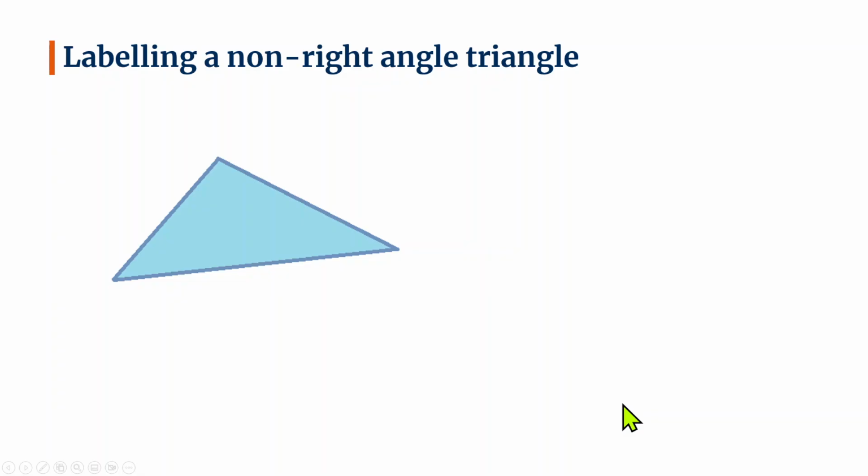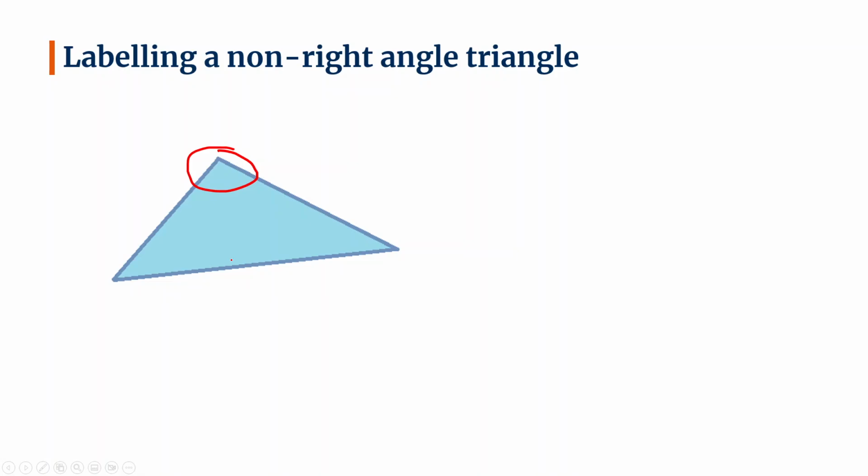So first of all, let's have a look at this triangle. We need to learn how to label a triangle that's not right angled, sort of like in trigonometry, how we started the unit by learning about things like hypotenuse, adjacent, and opposite. Well, those don't exist here. However, if you think that this kind of looks like a right angle, I agree.